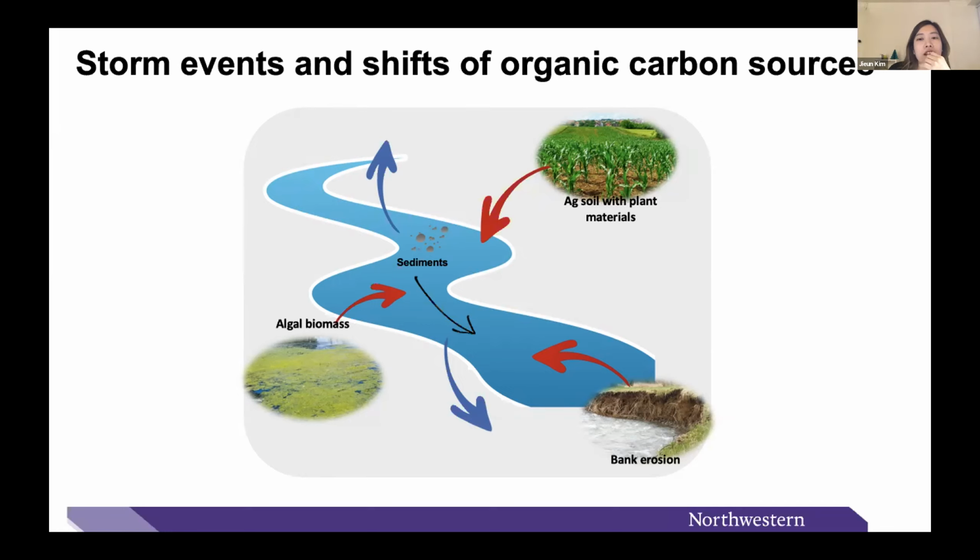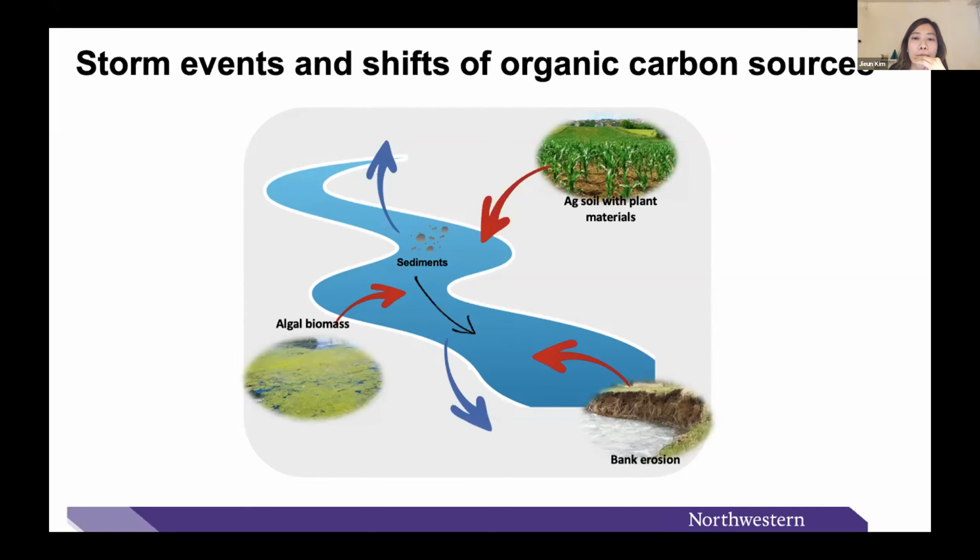So storm events specifically are the time where we can see the transition of the roles of the rivers. With precipitation and the increase of stream discharge, organic matter from various sources is mobilized and introduced into the stream and further transported downstream.